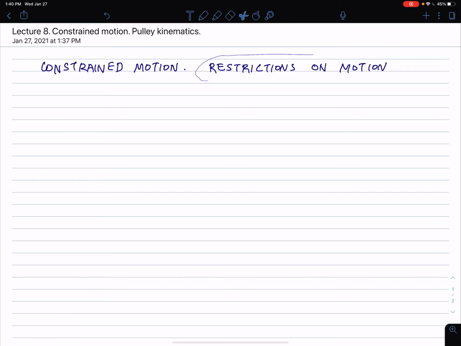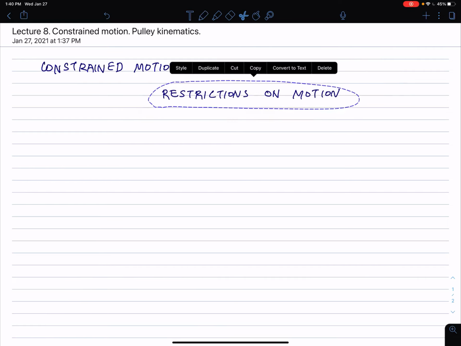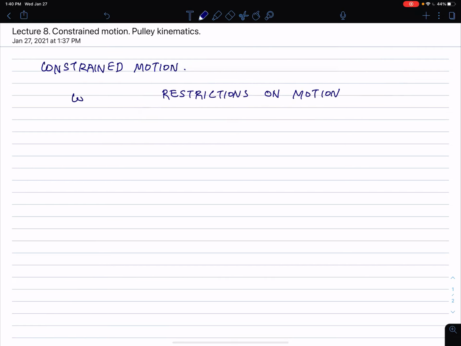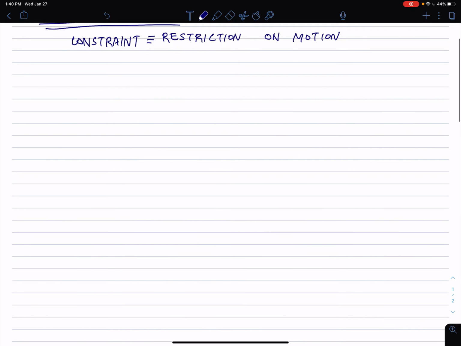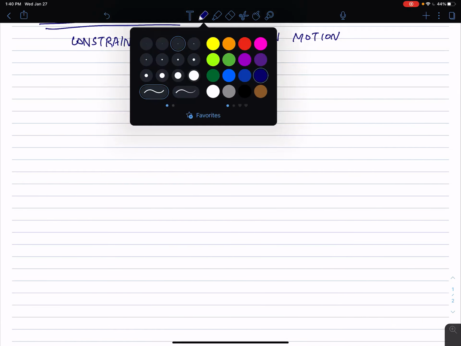Right, so when we say constraint, that word basically means a restriction on the motion. What's an example of a restriction on the motion?